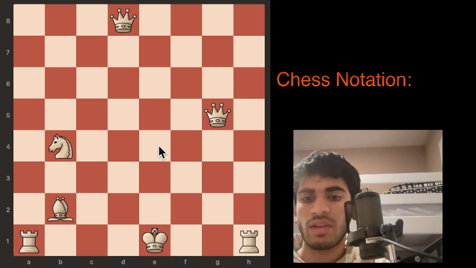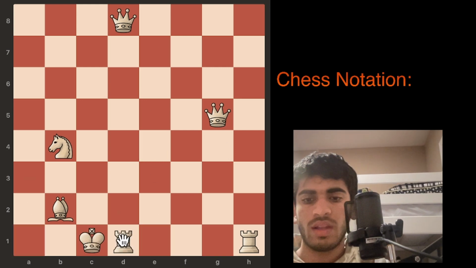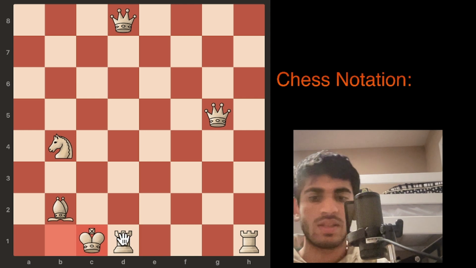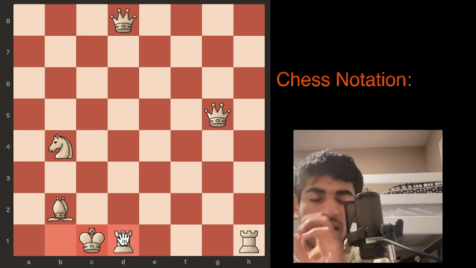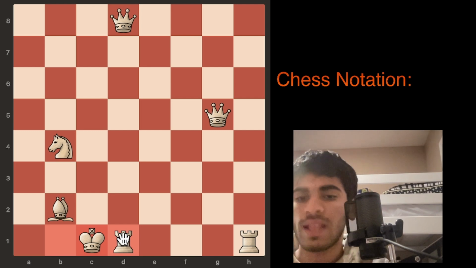Similarly, if you castle here, then the rook traveled three squares, so that's three O's. That's a queenside castle, and you have three circles to represent that.